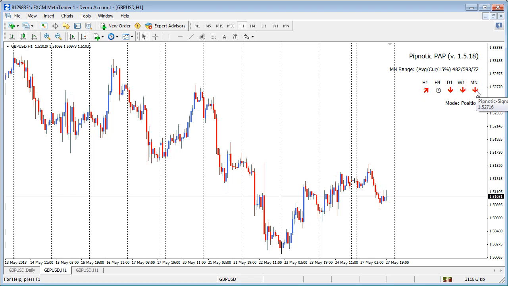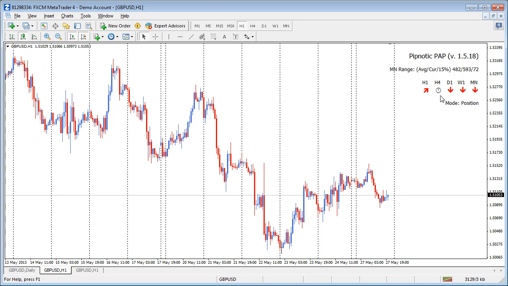Here we can see on the monthly chart we have a very strong downtrend, weekly chart, strong downtrend, daily chart, strong downtrend. On the 4 hour chart, we're kind of waiting to see what happens, perhaps in a corrective move lower. And on the 1 hour chart, we can actually see this corrective move lower, judging by the red arrow that is pointing up.